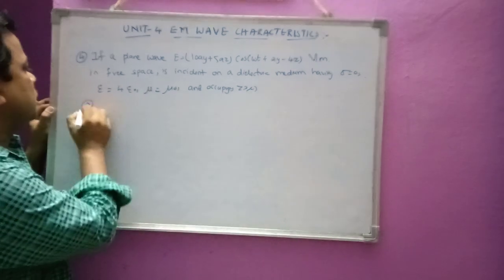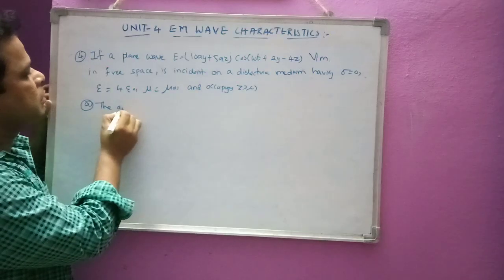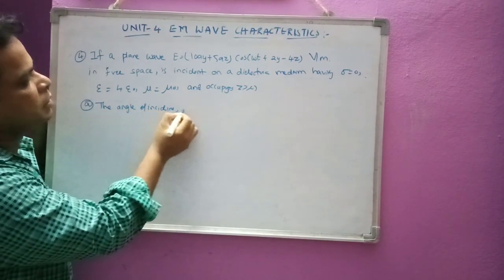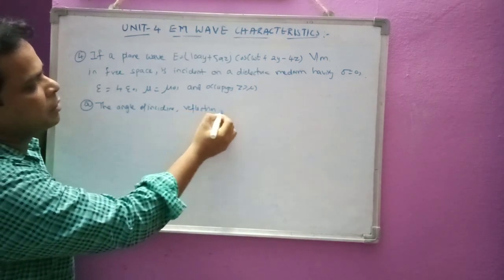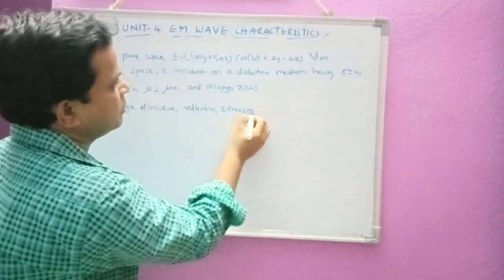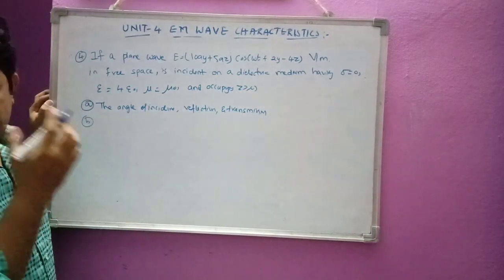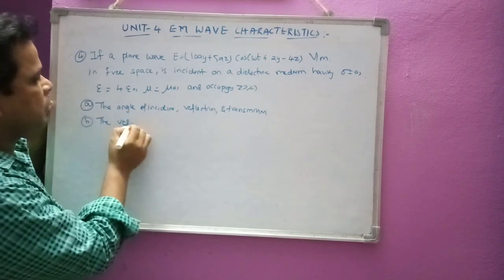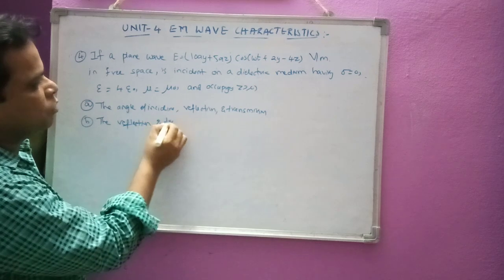Now we have to find the following things here. First one, the angle of incidence, reflection and transmission. So we have to find theta I, theta R and theta T here. Next, question B, he is asking the reflection and transmission coefficients, that is gamma and tau.